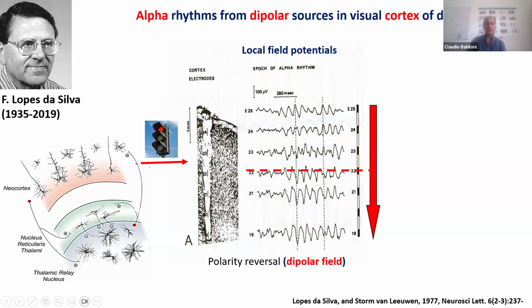In the picture, you see in the center a representation of a cerebral cortex with the layers of cerebral cortex and one electrode implanted perpendicularly with the surface of cerebral cortex. And you can see the electrode contacts recording local field potentials also in the right side of the picture.